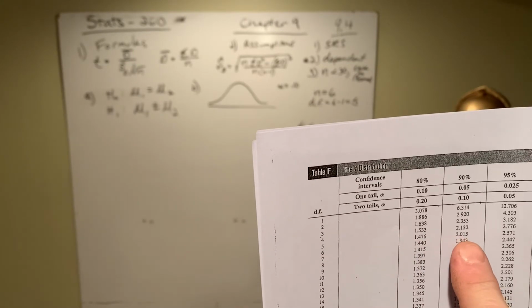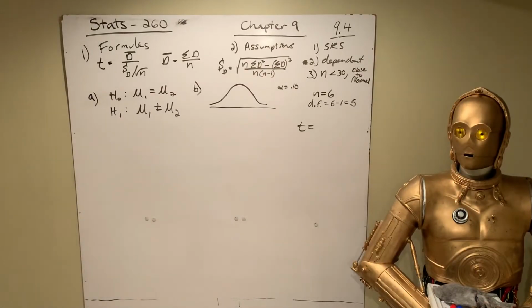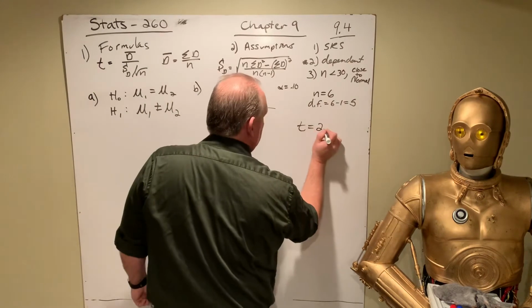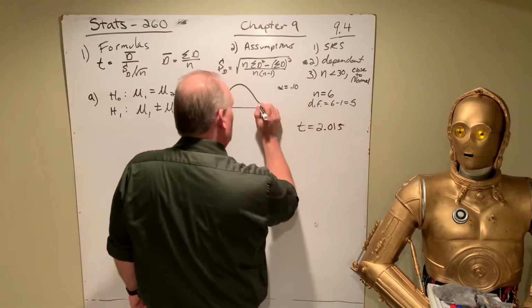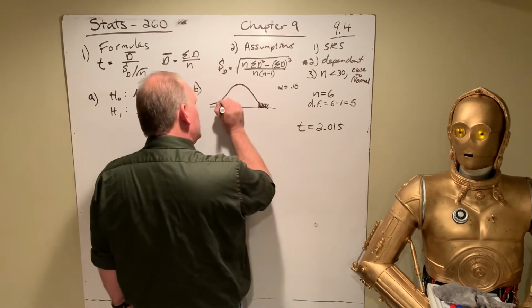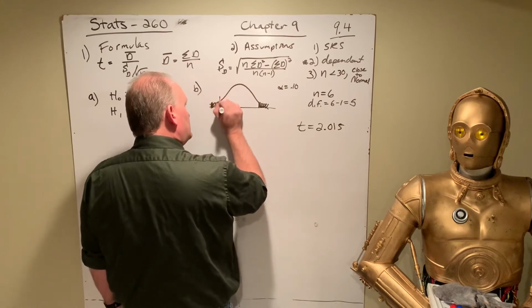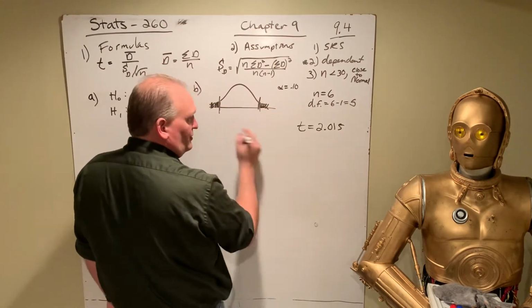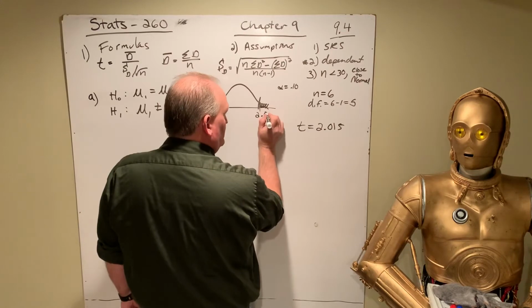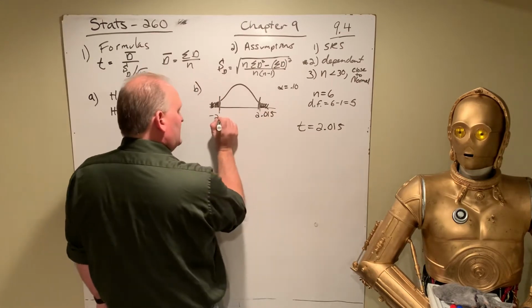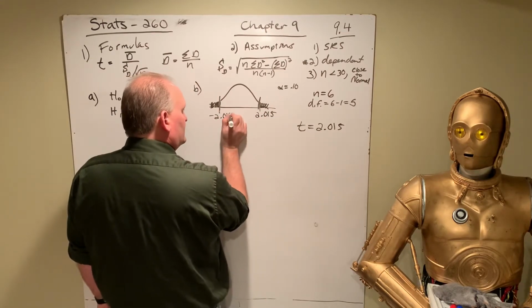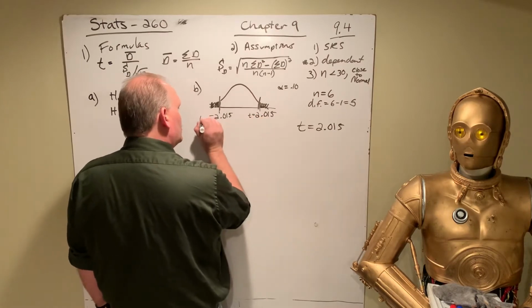And so we're using 2.015. So that's on both ends because we looked it up as a two-tailed test. So they accounted for both pieces. So either this or negative that. Those are our cutoff points, our critical values.